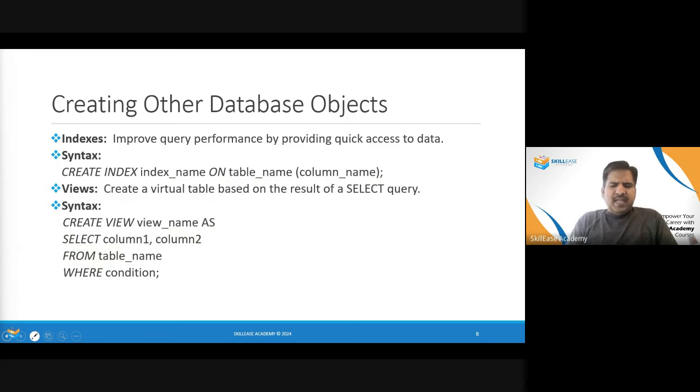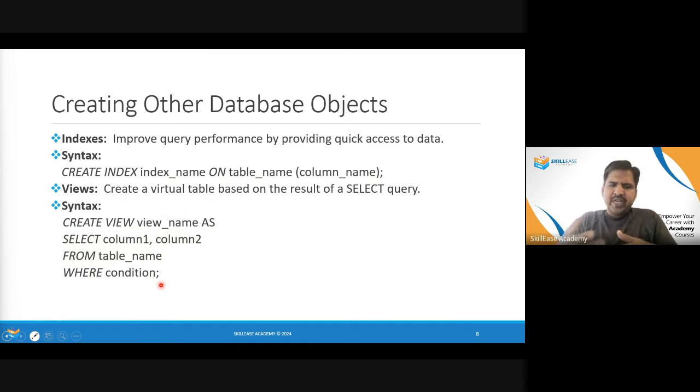So let's take an example. If you want to create a view on a customer table for customers who have been registered from 1st Jan 2024, how you can do it is: CREATE VIEW customer_current_year AS SELECT first_name, last_name FROM customer WHERE registration_date is greater than or equal to 1st January 2024.